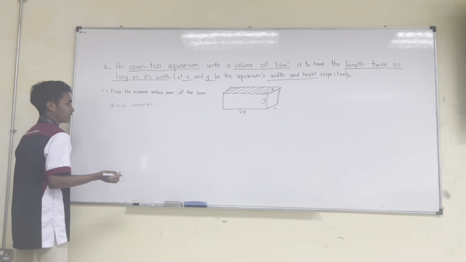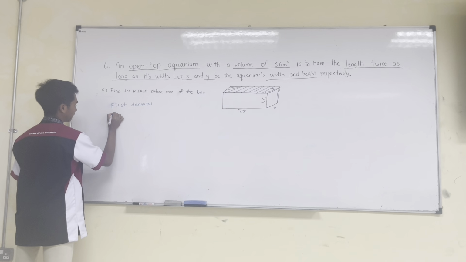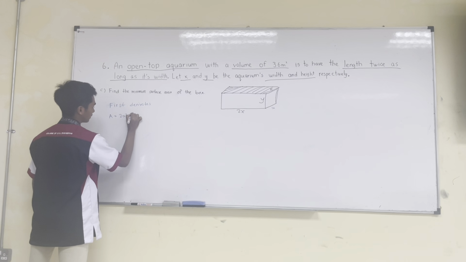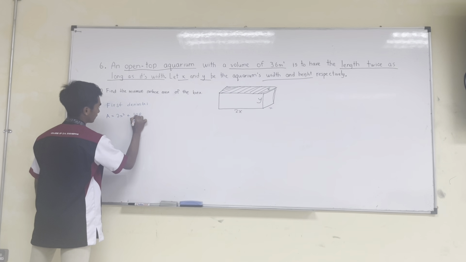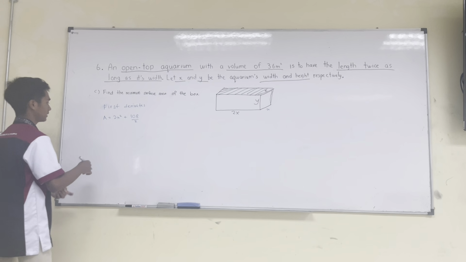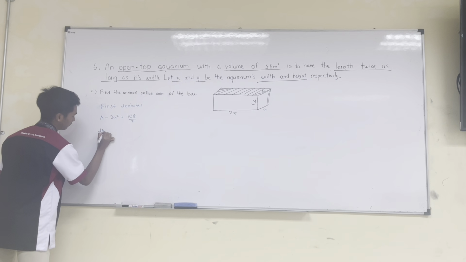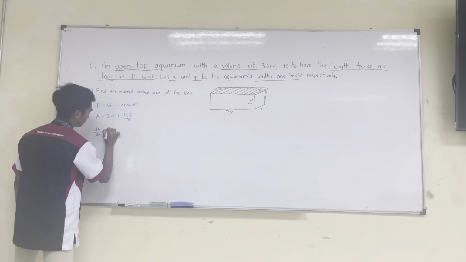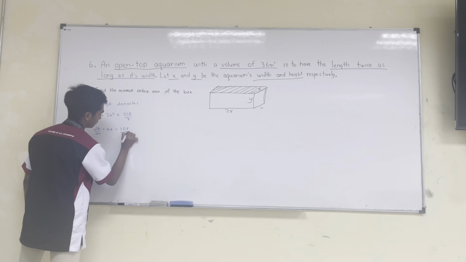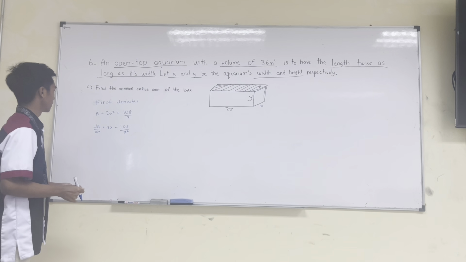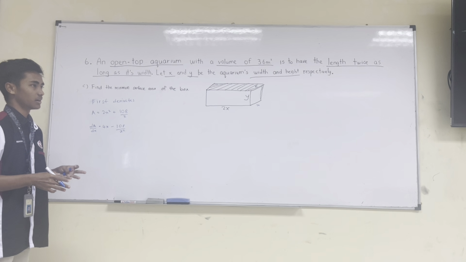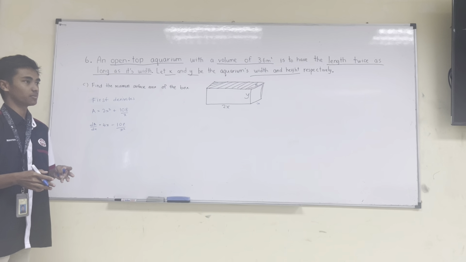At the first step, we need to use the first derivative. By using the equation A from before, we can write A equals 2x squared plus 108 over x, and we need to differentiate. We can write dA over dx equals 4x minus 108 over x squared. The next step, we compare dA over dx with 0 to find the value of x.